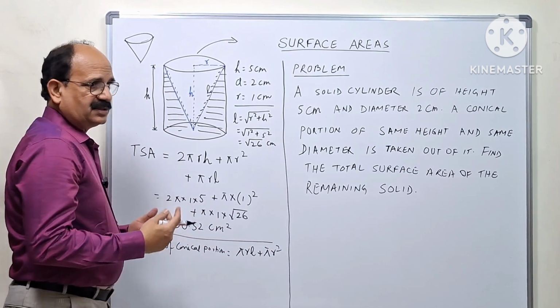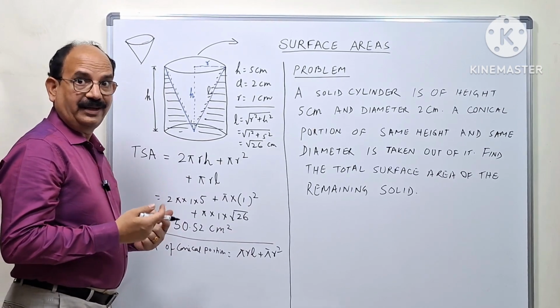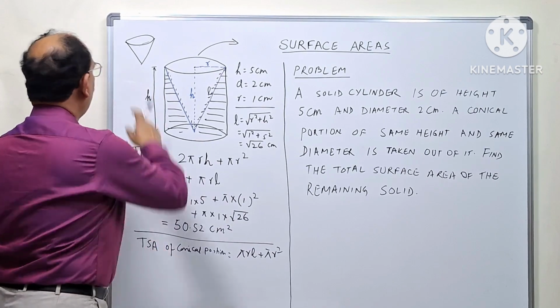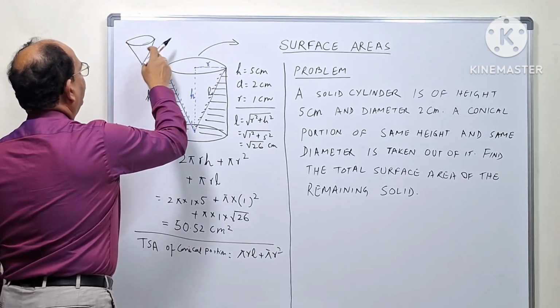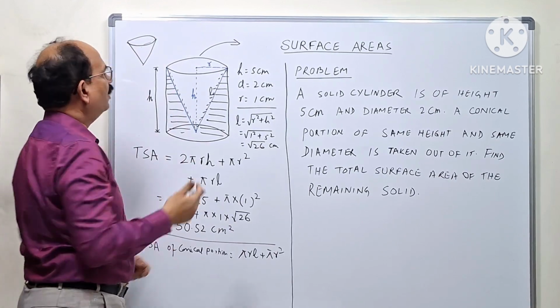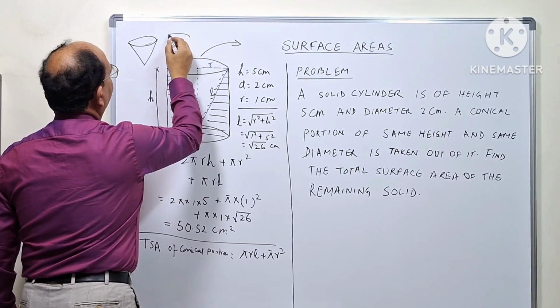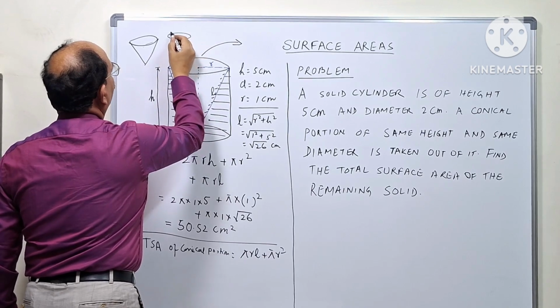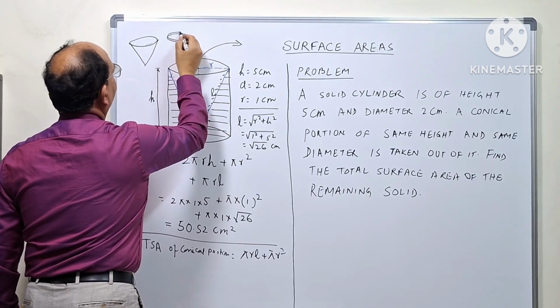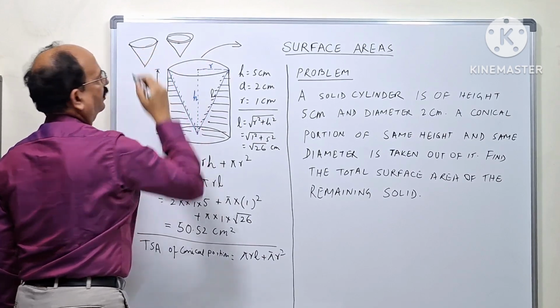But suppose some teachers are very creative and they say that out of this solid, a very thin cone, like the way you get an ice cream cone, is created. So a very, very thin kind of cone is created out of that.